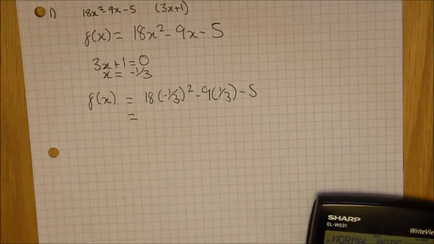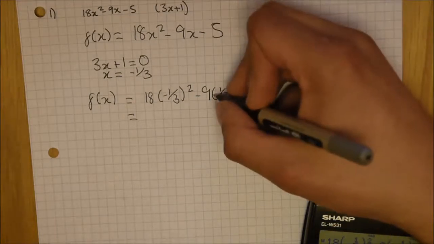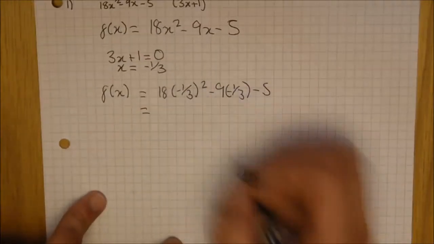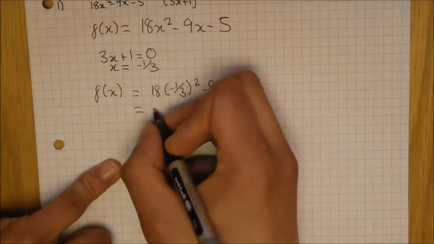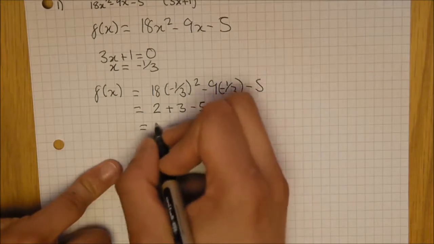We've got 18 lots of minus 1/3 all squared, minus 9 lots of minus 1/3, minus 5. This gives us, well, minus 1/3 squared is 1/9, so that'll be 2, plus 3, minus 5 equals 0.